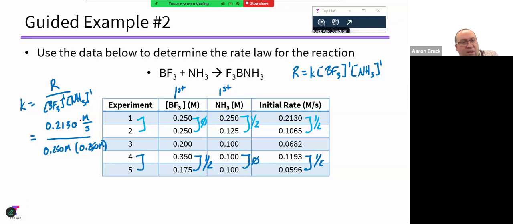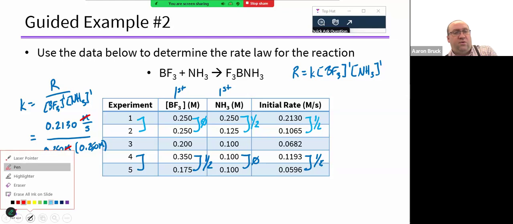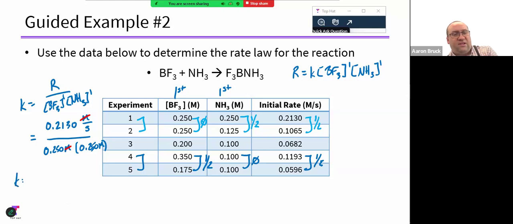So we can see that the molarity in the rate has canceled one of those molarities, but not the other one. Which means that for this second order reaction, the rate constant is going to have a unit of per molar per second, which we can also write as, if you prefer to keep it in fractions instead of exponents.